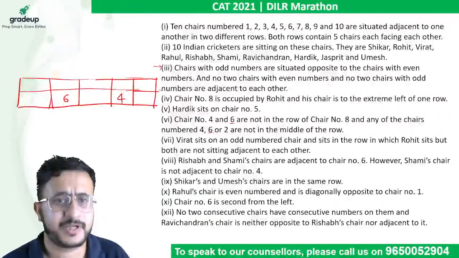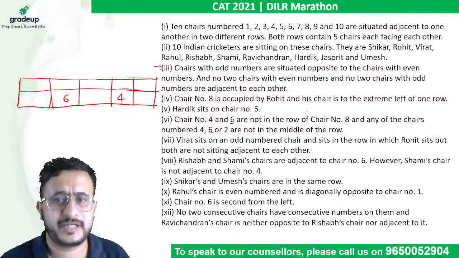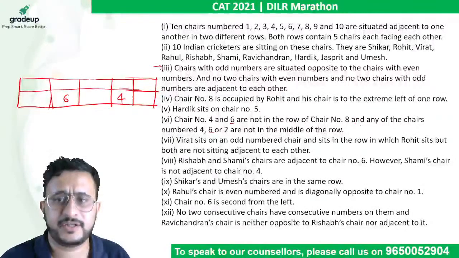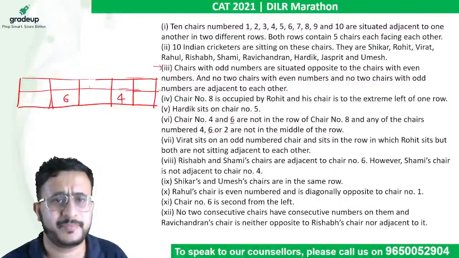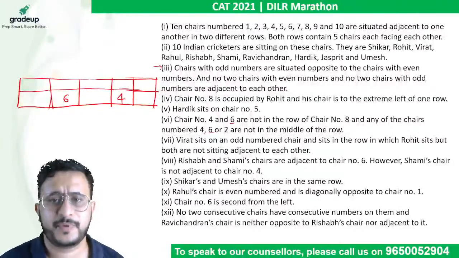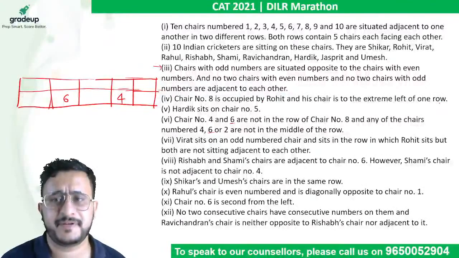ठीक है, अब क्या हो जाएगा कि जो बाकी numbers हैं, that is 2, 8 and 10, will be in this row. ठीक है, now it is saying any of the chairs 4, 6 or 2 are not in the middle of the row. So 2 is not in the middle, so 2 will be in one of the corners. ठीक है, 8 is occupied by Rohit and is at the extreme left end of the row.